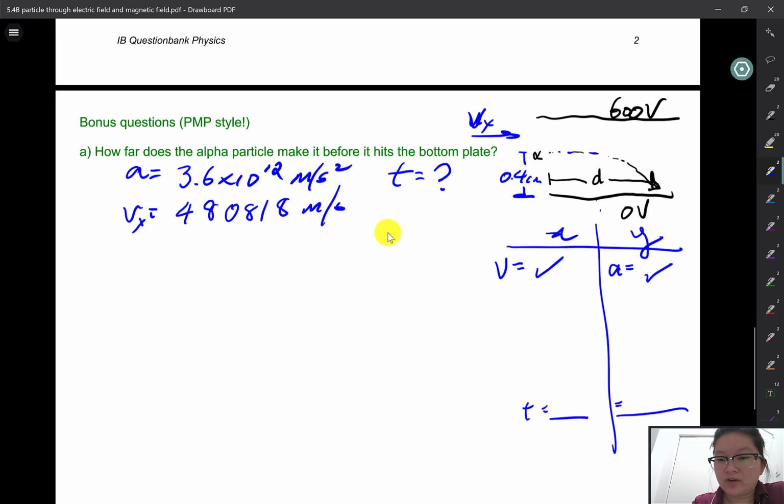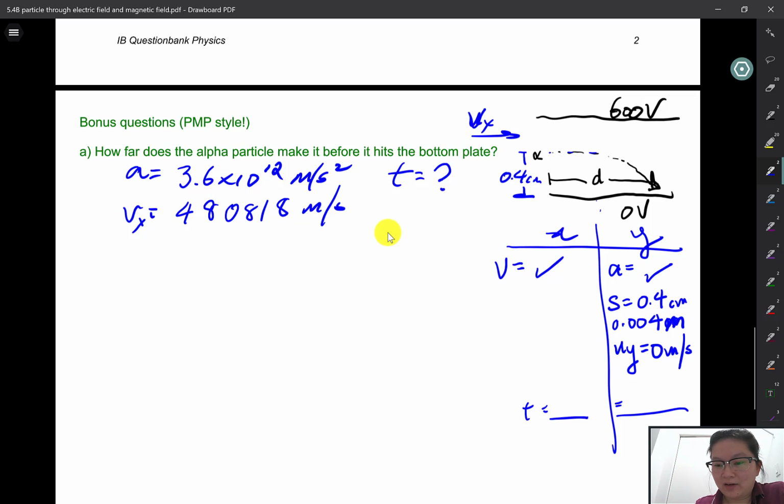We also know that the vertical drop here is going to be 0.4 centimeters, which we'll have to convert to meters, which is 0.004 meters. We also know that the particle does not have any initial vertical velocity, because it's like free fall. It's only shot horizontally, so it doesn't have any vertical velocity component.